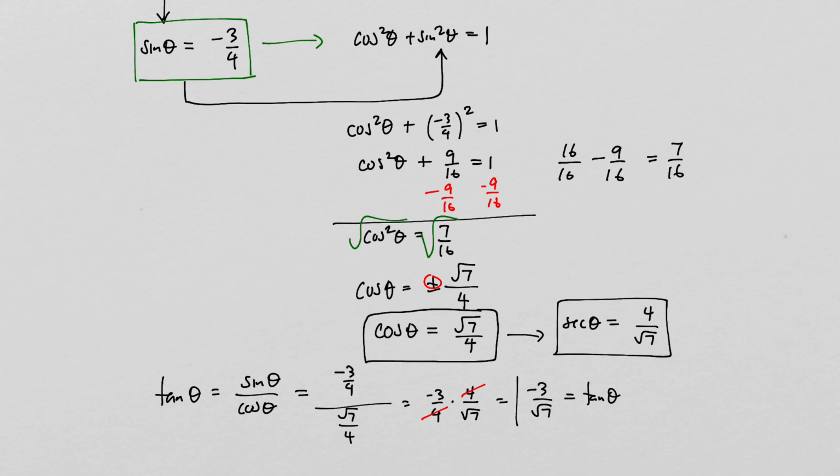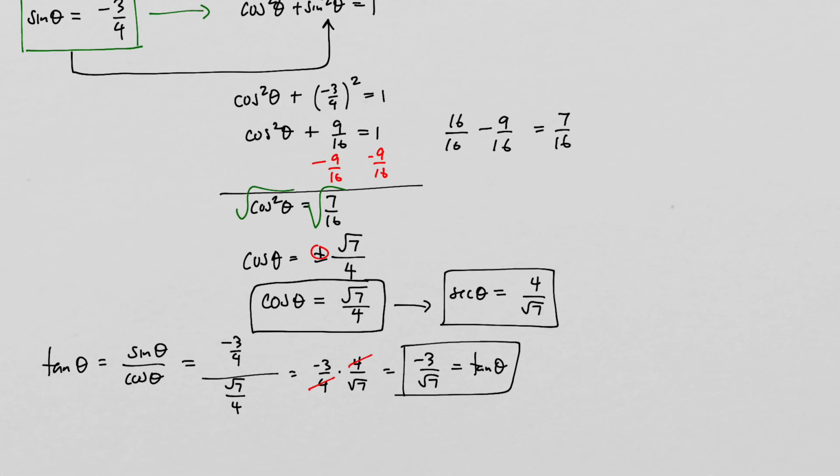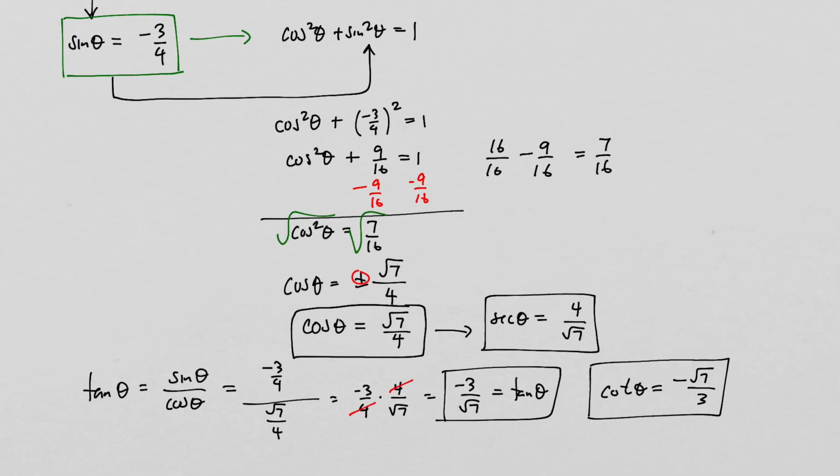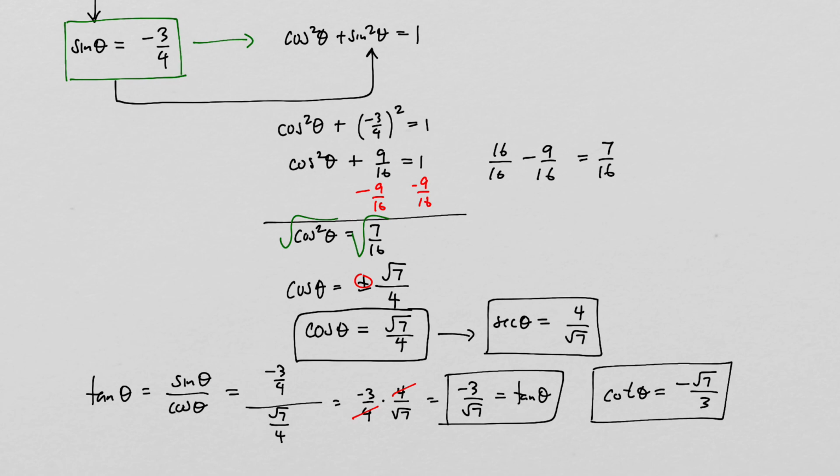Okay, so this is tangent of theta. And then finally, we can get cotangent of theta by simply taking the reciprocal of that, which will be -radical 7 over 3. All right, so what we want to do is we just want to get comfortable with not only memorizing these identities, but being comfortable using them to do problems.